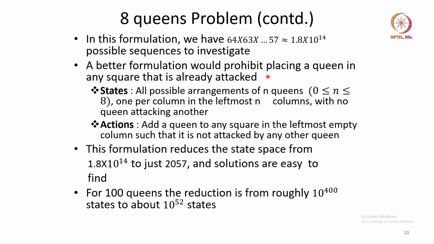Because of this, it will maybe reduce the complexity to some extent. So what are the states? All possible arrangements of n queens, one per column, in the leftmost n columns, with no queen attacking another. So you start from the left and you keep adding the queens, one per column from left to right, and every time you add a queen you see that it is not attacked.